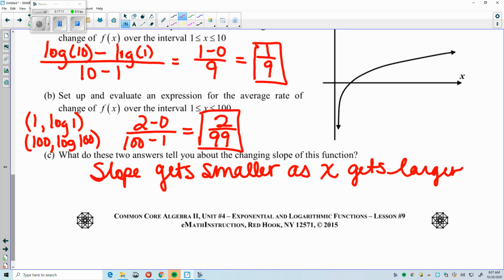If I'm looking at the rate of change of this first section, it changes super fast. If I look at the rate of change over here, it's still getting faster. If I look at the rate of change going from here to here, it's going to slow down. And if I look even at other intervals, I'm going to see it's going to slow down. It's going to start to taper off. It's still going to change, but it's going to be a much slower slope or rate of change.